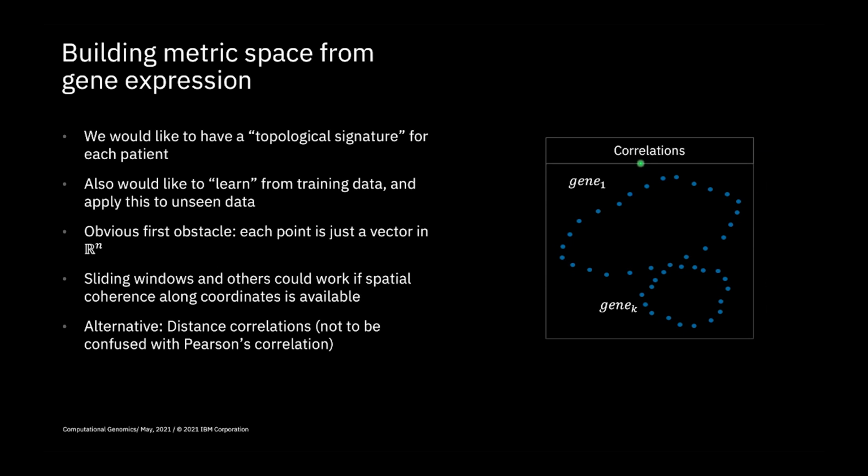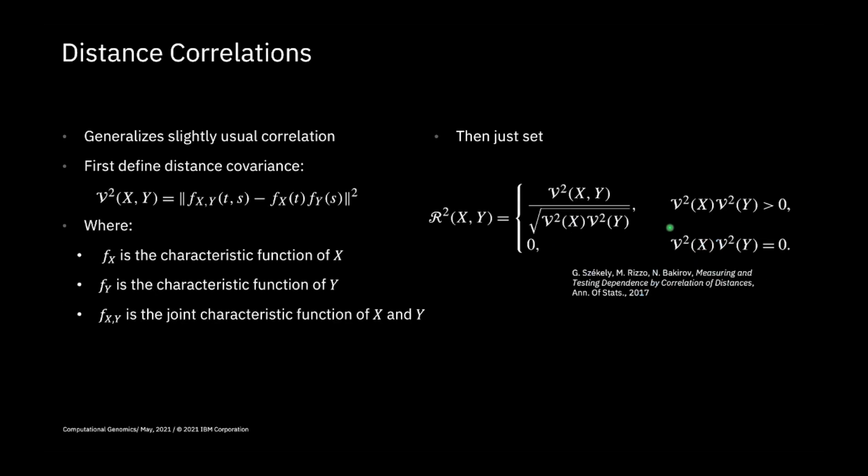So this would give us, if we apply it to here, a bunch of points in space. Of course, here I'm putting it in here, but in principle, it might not even be embeddable, right? It might not be something nice that we can visualize, right?